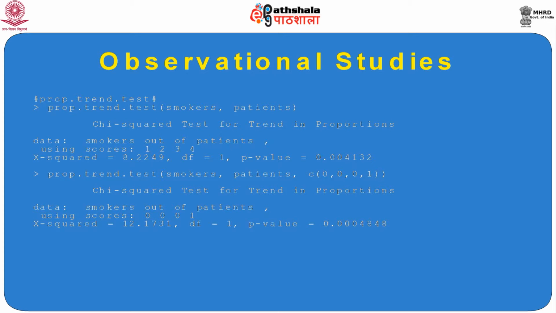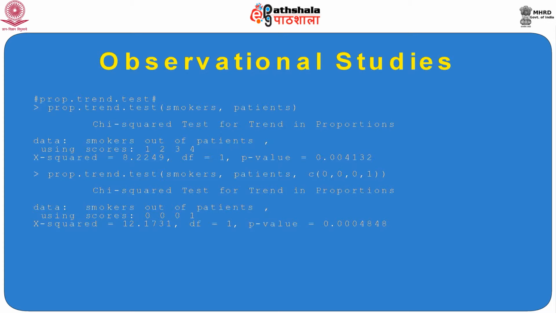Initially, the first function did not consider the c of 0, 0, 0 and 1. In the second function we used this c with 0, 0, 0, 1, which is useful as a scoring for these four proportions, because in the first example the scores were considered as 1, 2, 3, 4.